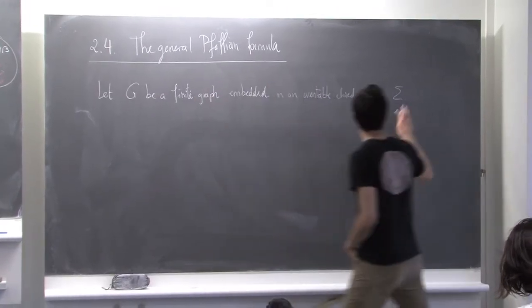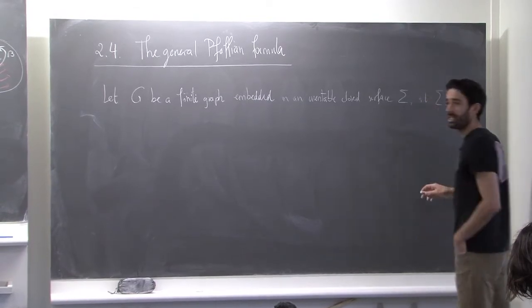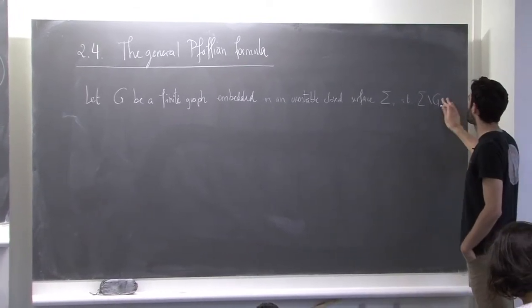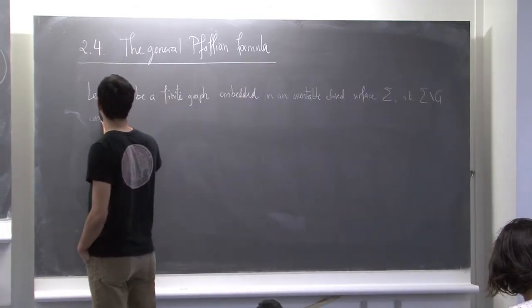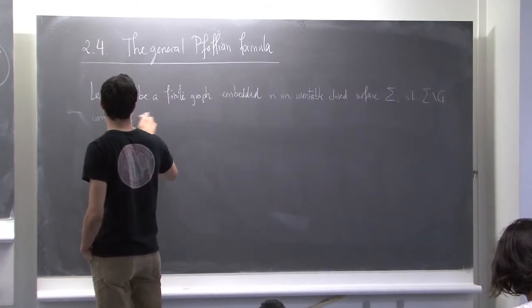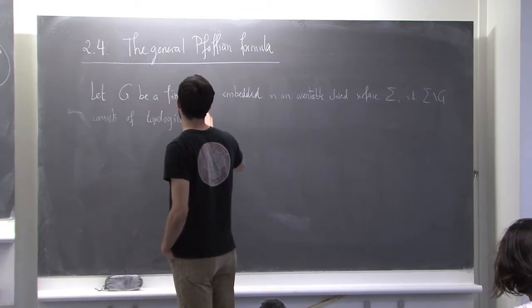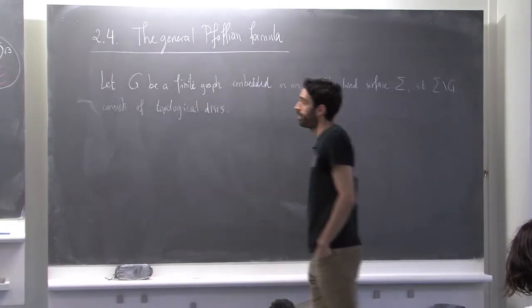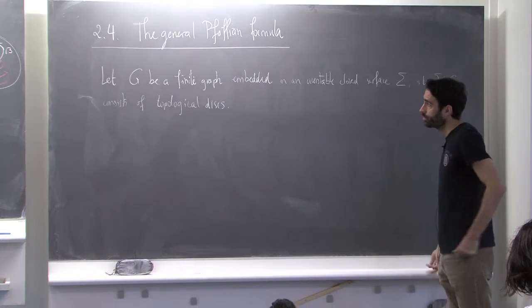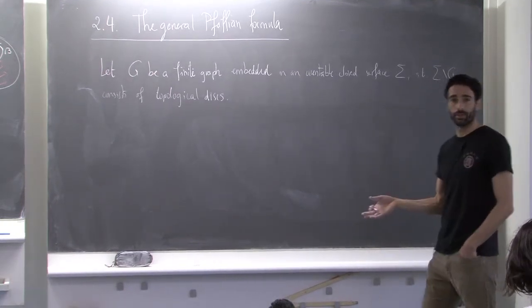And of course, I want such that the complement of G consists of topological disks. Right, so this is always possible. If you have a graph, you can always embed it in a surface in this way.